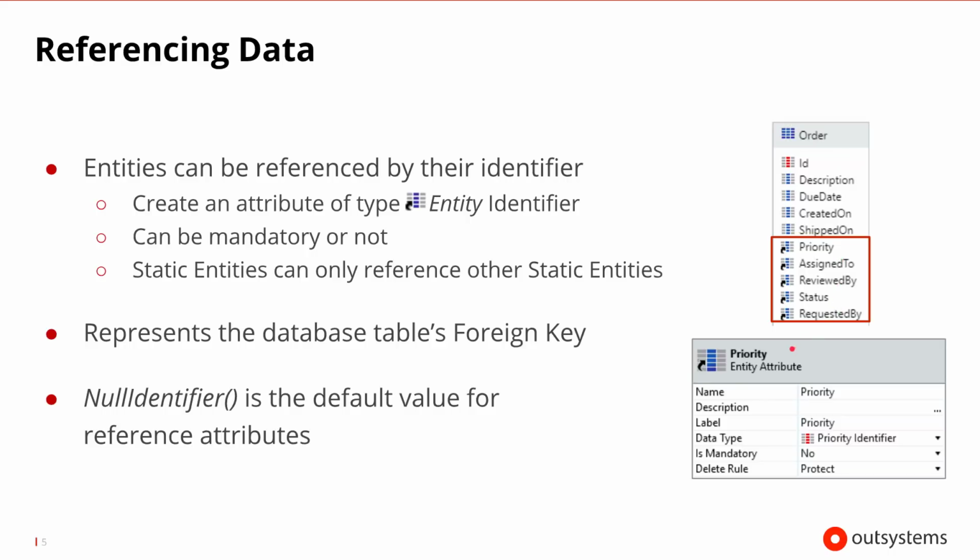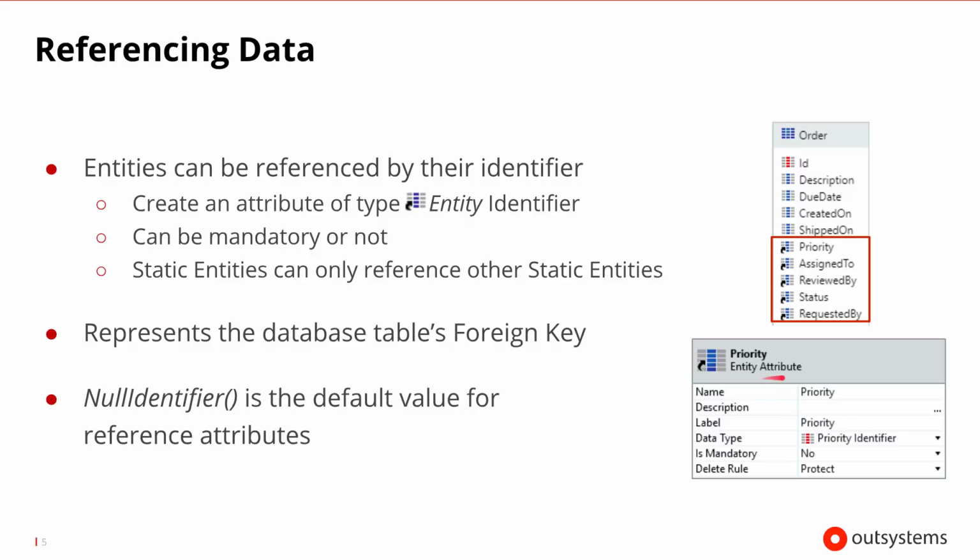So in the example here, we have the priority, and the priority is an entity attribute, and it's a reference attribute because underneath the covers, the data type of this is the priority identifier. So the priority is another entity. That entity's primary key and its identifier is now going to be an attribute of this order.